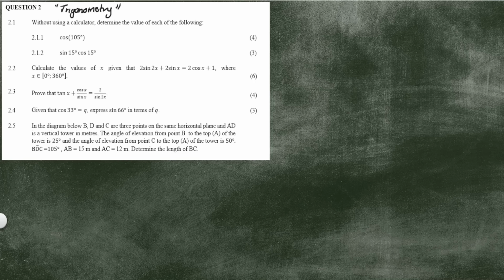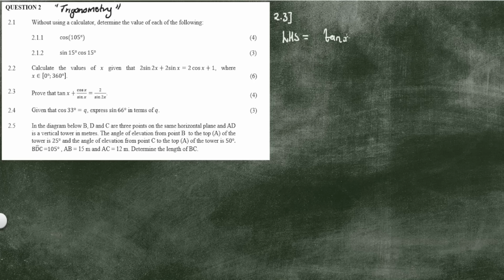2.3, we are presented with an identity problem. Prove that tan x plus cos x over sine x is equal to 2 over sine 2x. So you need to pick a side, then simplify and show that it's equal to the other side. For this particular problem, we're going to take the left hand side and simplify it.